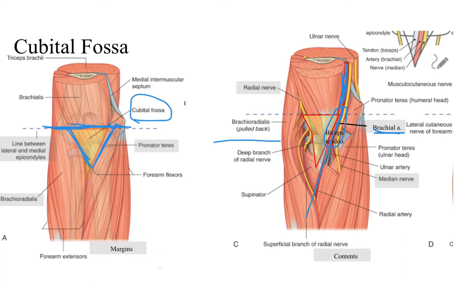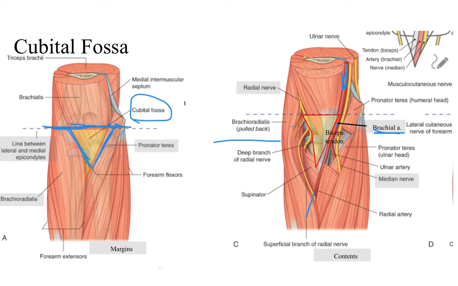And that's important because you want to know where to feel for that brachial artery pulse. You're going to start feeling more on the medial portion at the cubital fossa rather than on the lateral portion, because I've seen a lot of people make that mistake. They'll put their fingers over here looking for the pulse when it should be more over here, toward the medial aspect of the cubital fossa.